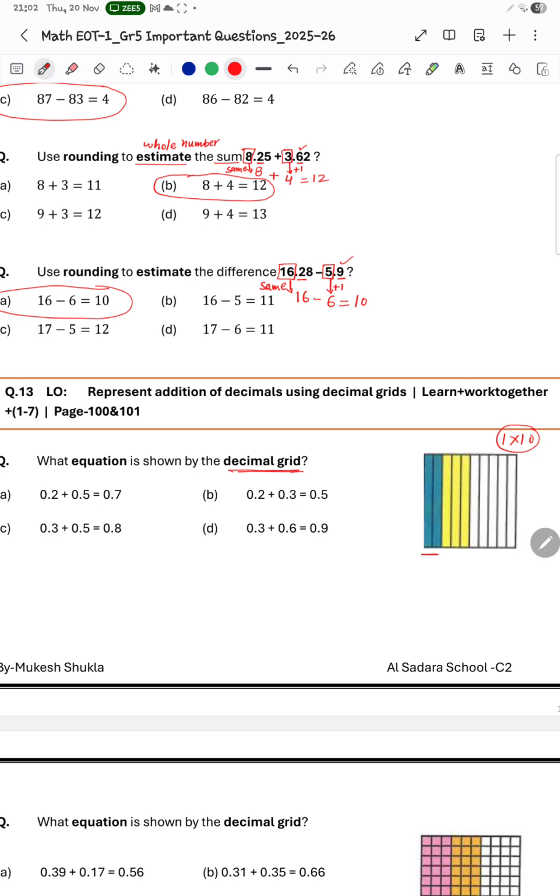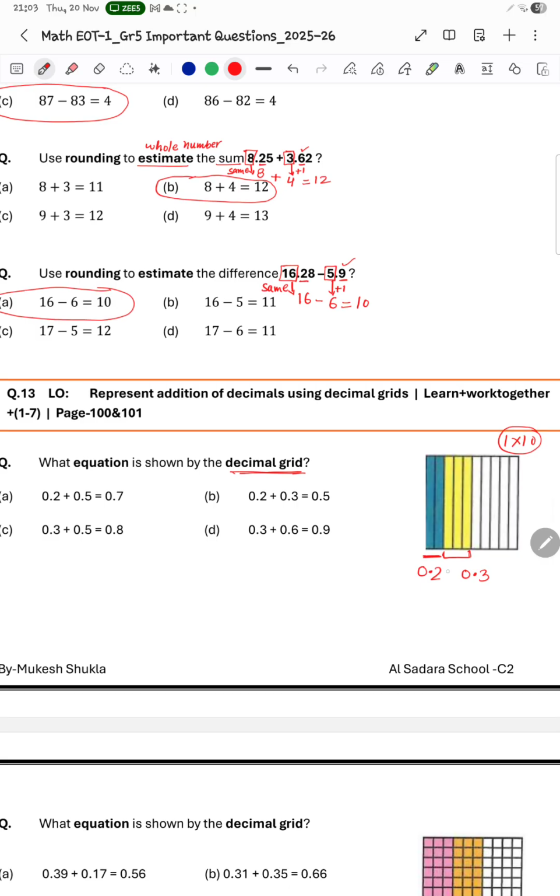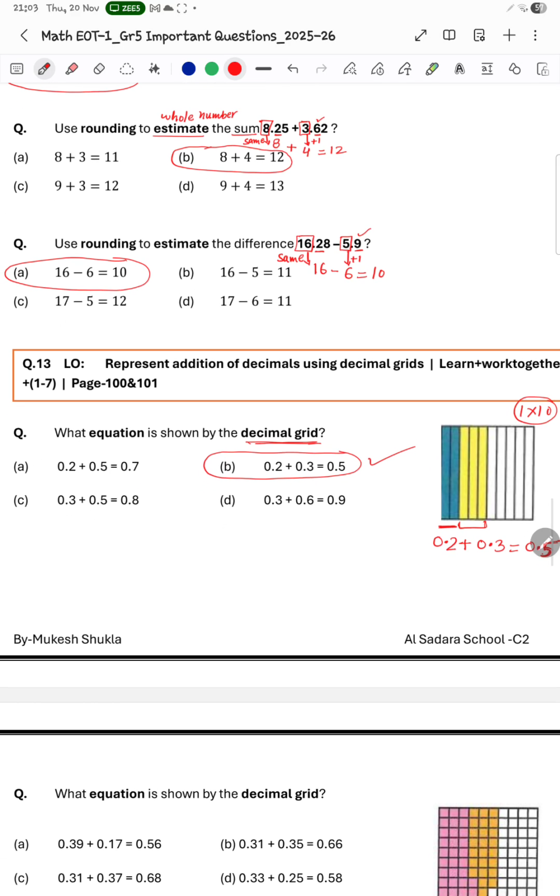So this blue color has only two boxes, so it is 0.2, and this yellow color has 3 boxes, so it will be 0.3. Since they have used two colors, I will use plus. So 0.2 plus 0.3 will give you 0.5. So which option is correct? Yes, option B is the correct one. That's it. Okay, move to the next question now.